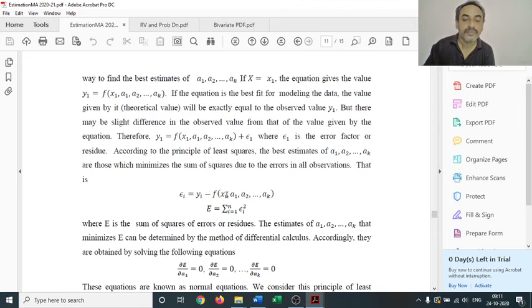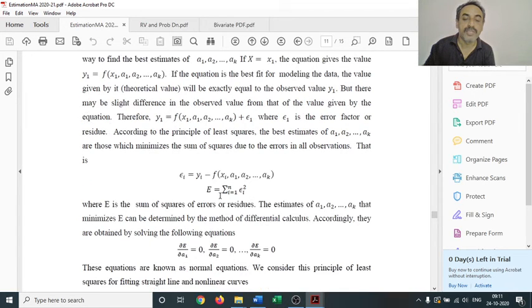Therefore, according to the principle of least squares, the best estimates of a1, a2, etc., ak are those which will minimize this sum of squares of errors or residues. The same principle is adopted for finding a, b in fitting of a straight line, or a, b, c in fitting of a parabola, etc.